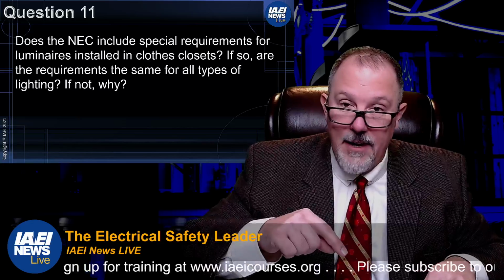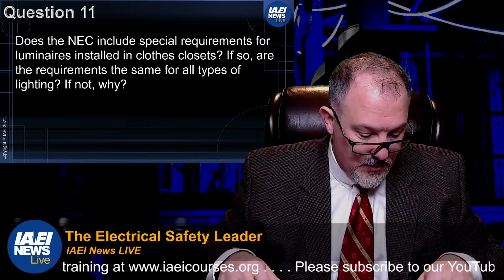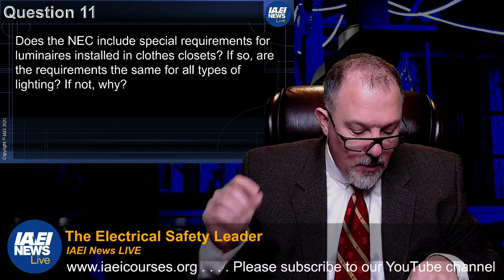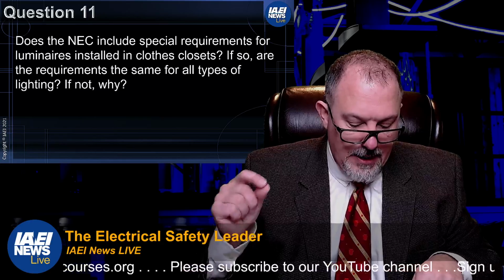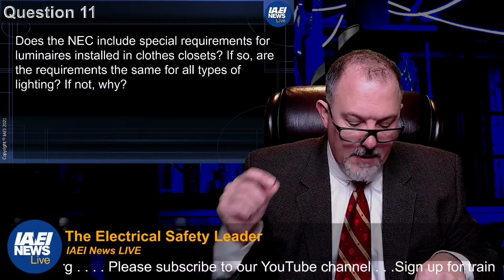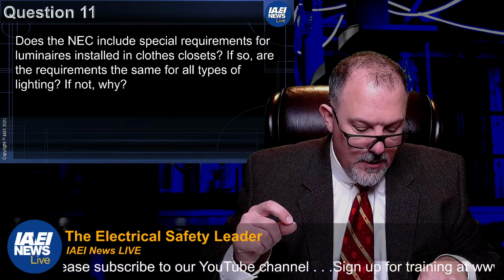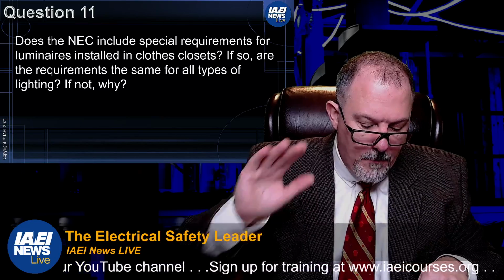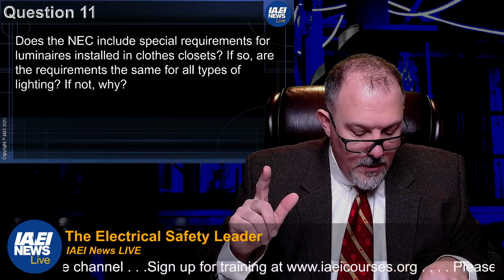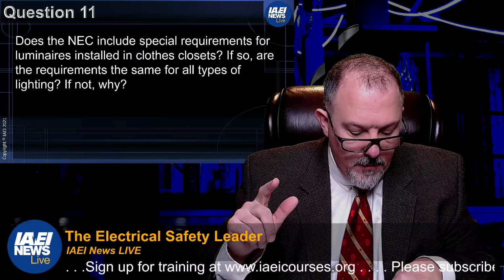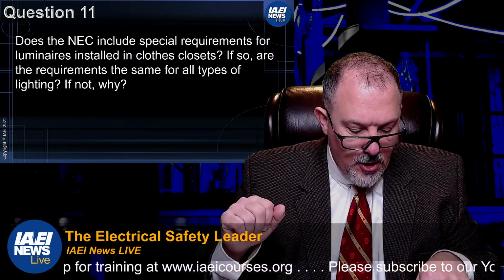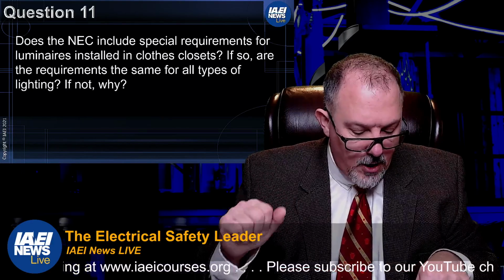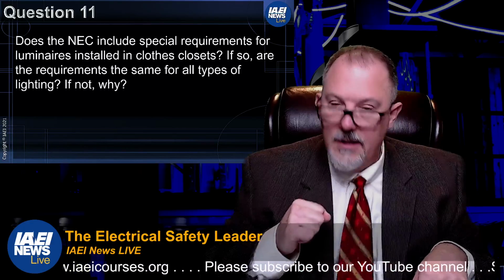So let's take a look at what 410.16 tells us. 12 inches for surface-mounted incandescent or LED luminaires with completely enclosed light source, installed on the wall above the door. The minimum clearance between luminaires installed in closed closets and the nearest point of a closed closet storage space.